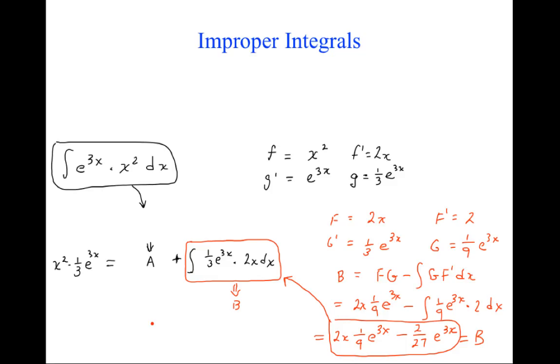A is going to equal the x squared times 1/3 e to the 3x minus this thing, minus B. And that's the final answer.